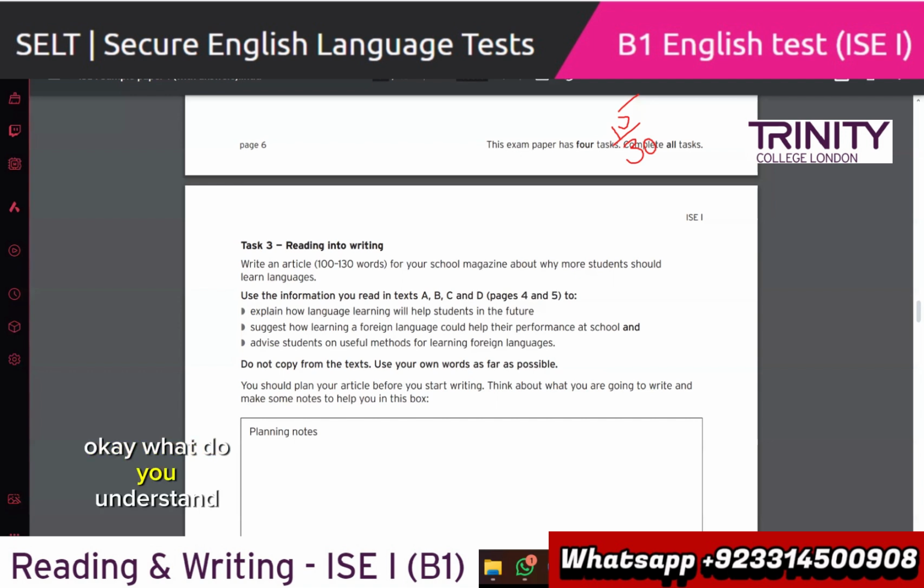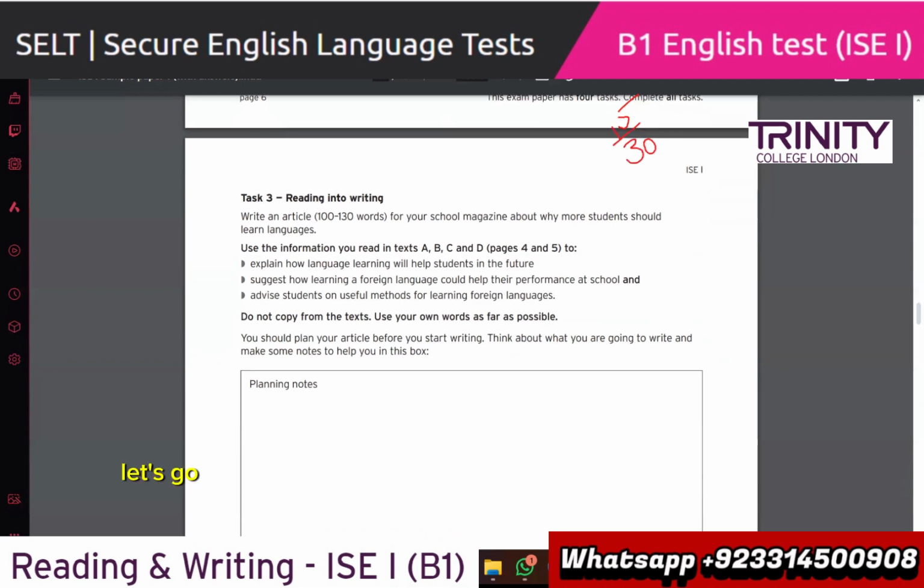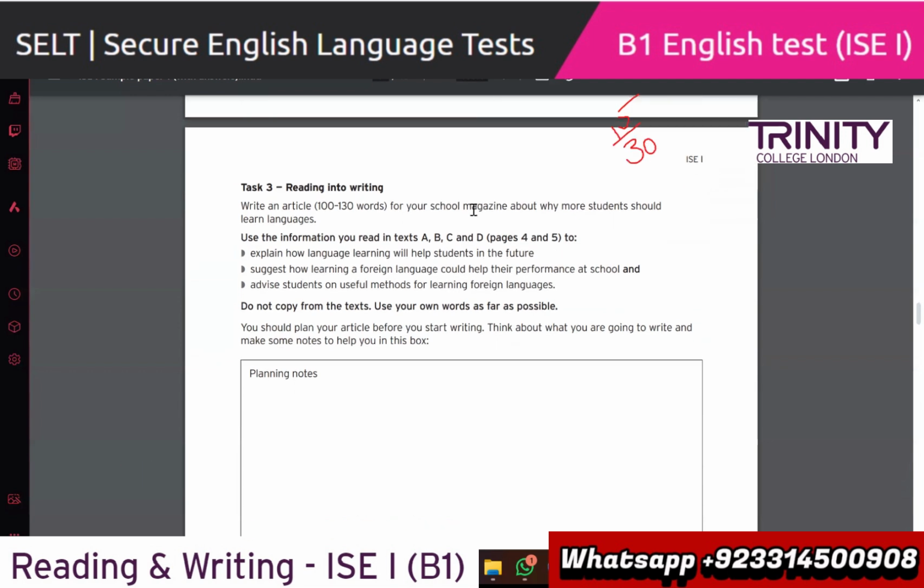What do you understand of this text? About this magazine, write an essay about languages, 100 to 130 words. Can you explain? First, you tell me, what do you understand?